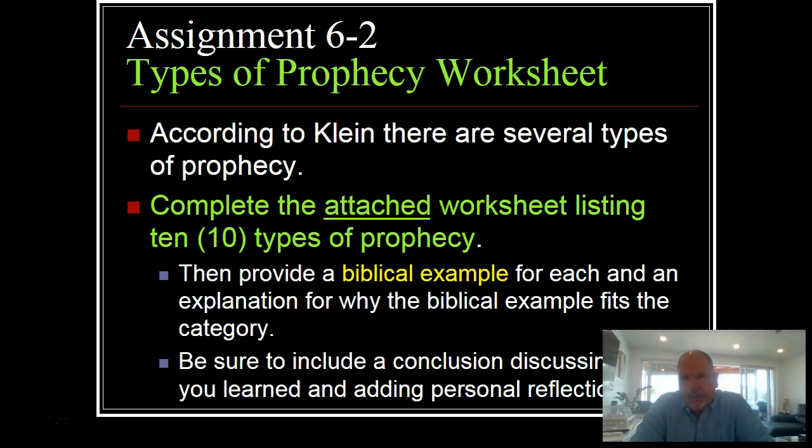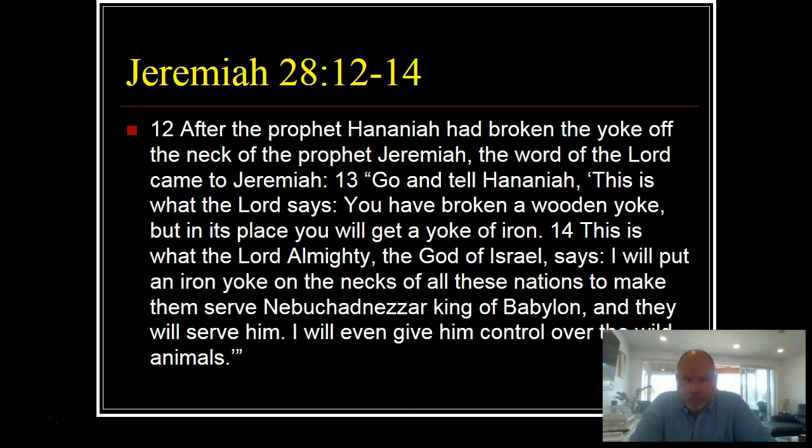So it's not enough to say, here is my type and here is my passage. I want you to say, here is my type, here is my passage, and this is why my passage fits, which shows that you have understood the different types of prophecy. Be sure to include a conclusion discussing what you learned and adding personal reflection.